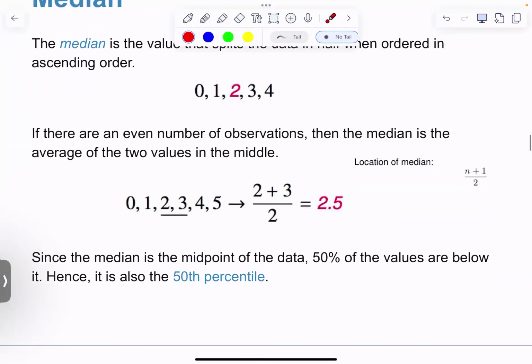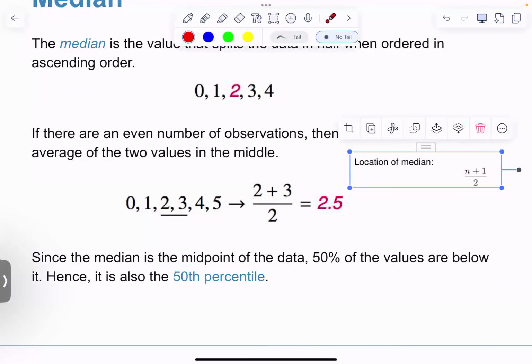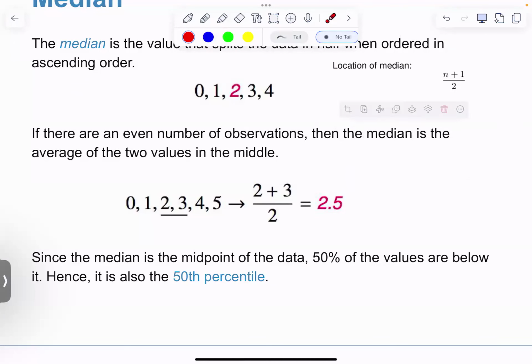If you have n observations, then it'll be at the n+1 divided by 2th location. So if I have 5 observations, it'll be 5 plus 1, which is 6, divided by 2, which is 3, the 3rd location.